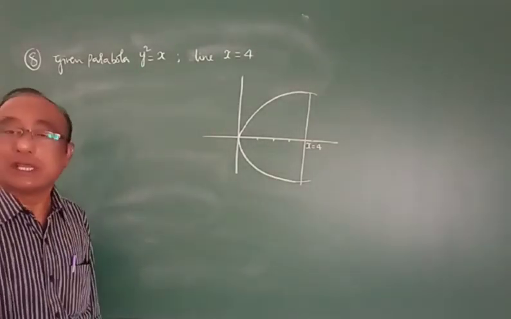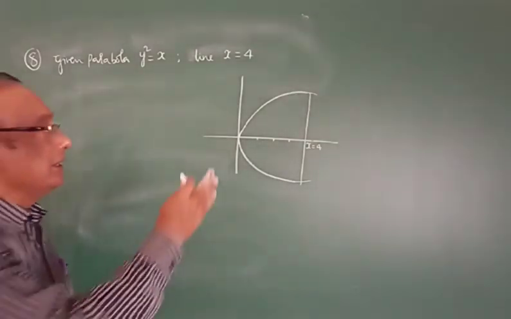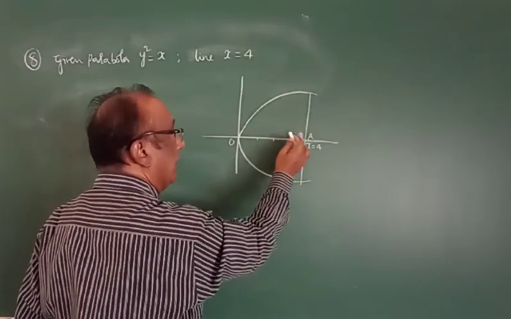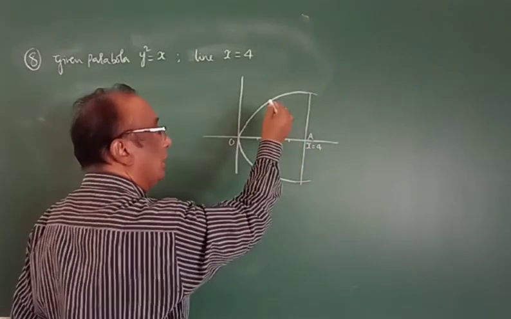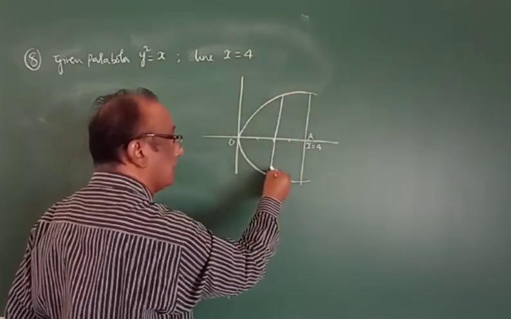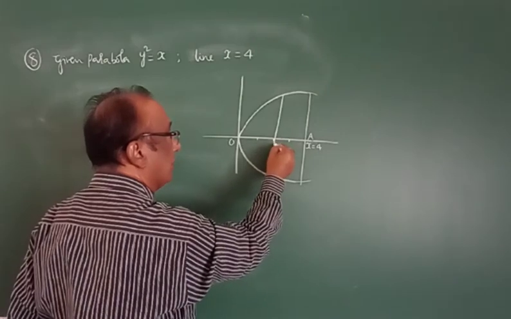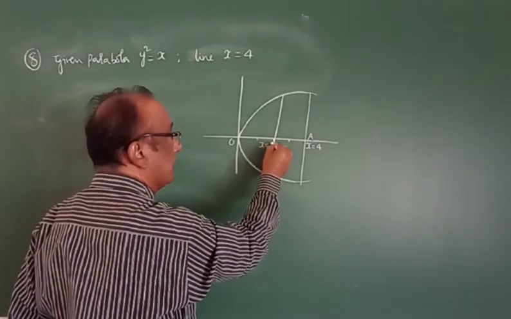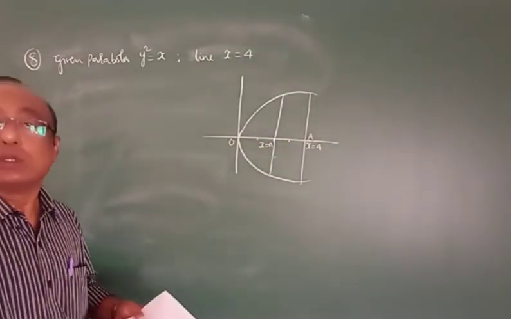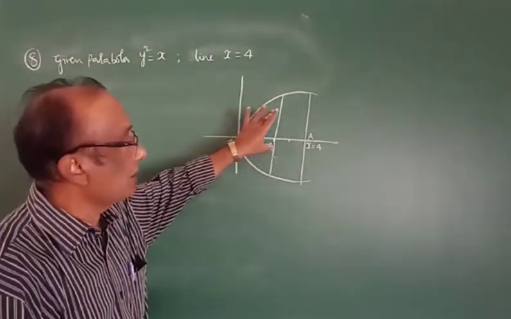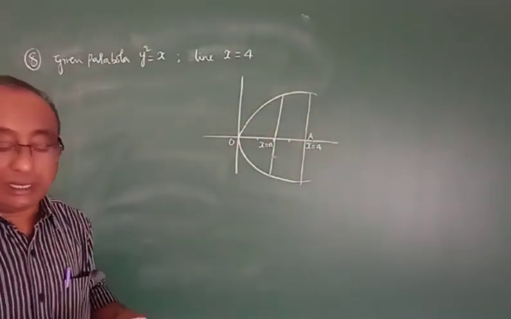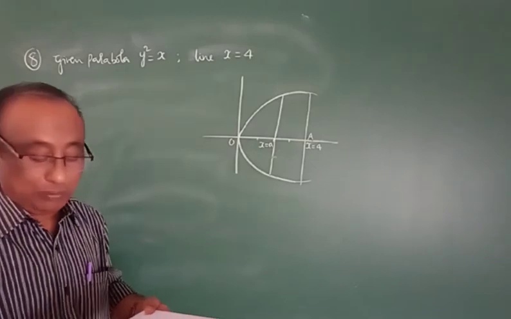Next, the line x is equal to a is dividing the O to A path into two equal parts. I will take x is equal to a. This is x is equal to a, dividing into two equal parts. This part and this part are equal.